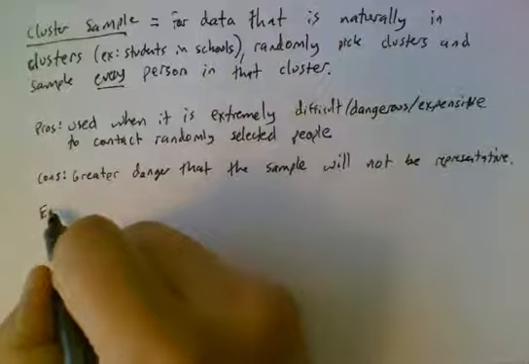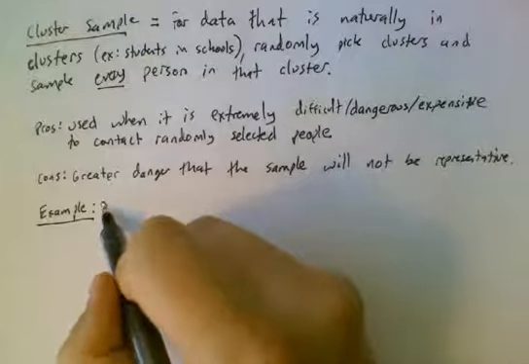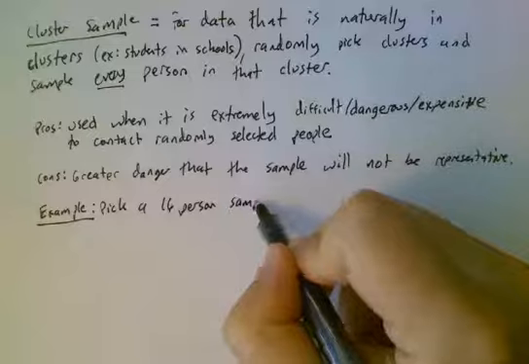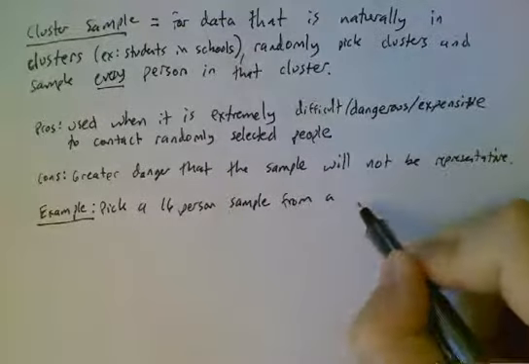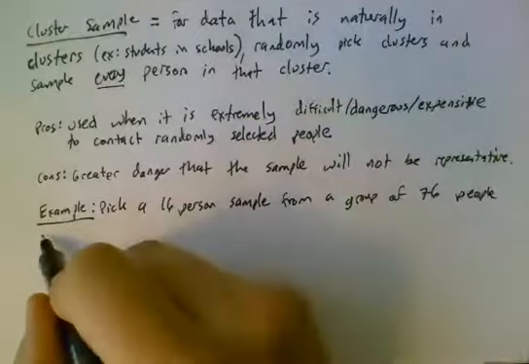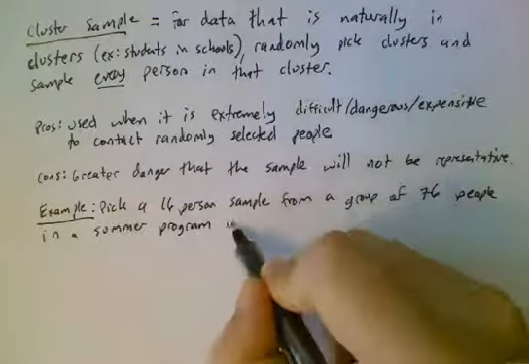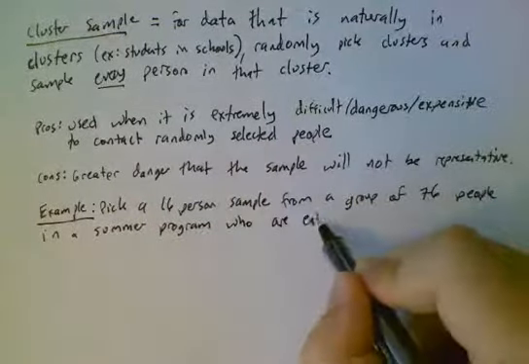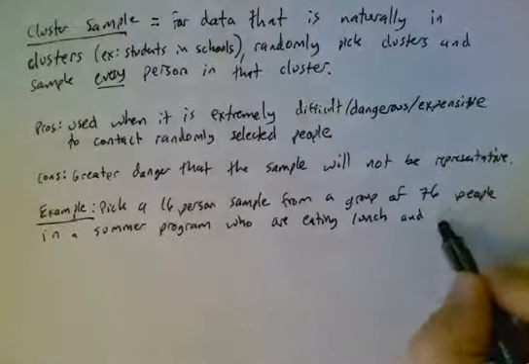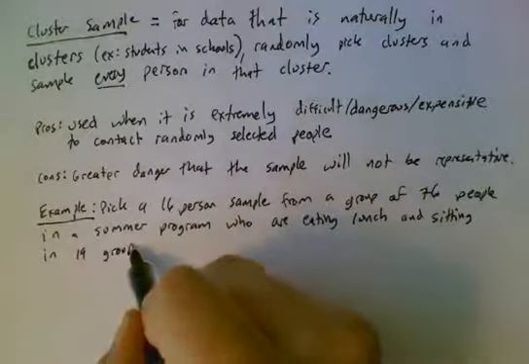So to give an example of this in the context of what we've been working with, pick a 16-person sample from a group of 76 people in a summer program who are eating lunch and sitting in the cafeteria in 19 groups of 4.